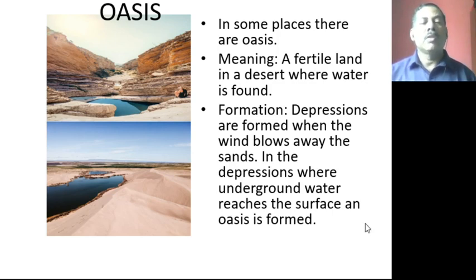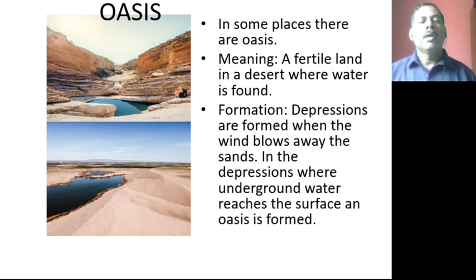Now, how the oases are formed and how they are used in the desert areas. Depressions are formed when the wind blows. The wind blows very fast, and when it is blowing, it takes away the main areas of the sand dunes. Sand dunes will be there in the desert areas.